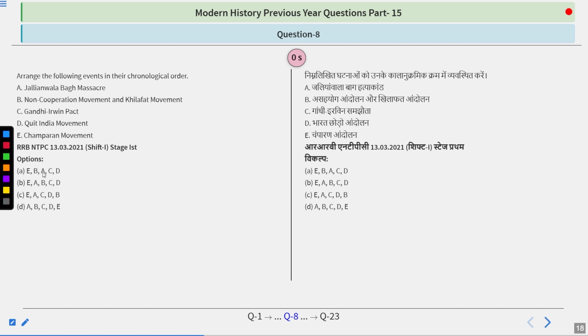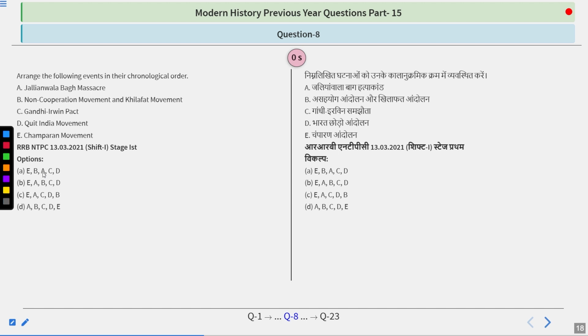To do these types of questions, the very important thing is that you need to know exactly in which year which particular event happened. If we talk about Jallianwala Bagh, it happened in 1919. Non-cooperation 1920. Gandhi-Irwin Pact happened during 1931. Quit India Movement in 1942.